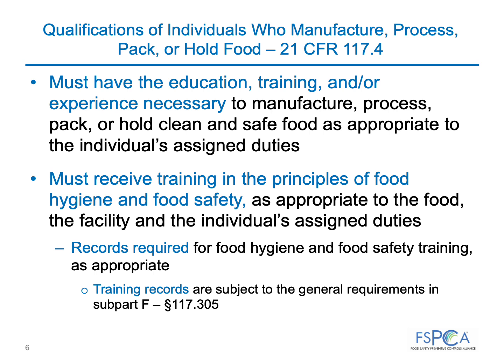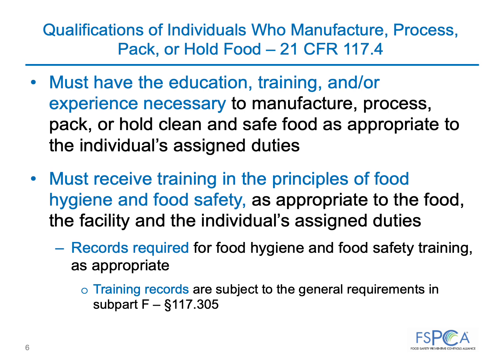21 CFR Part 117, specifically Section 117.4, has the requirements for training applicable to all establishments that manufacture, process, pack, or hold food. Individuals must have the education, training, or experience, or combination of these, necessary to manufacture, process, pack, or hold clean and safe food as appropriate to the individual's assigned duties.